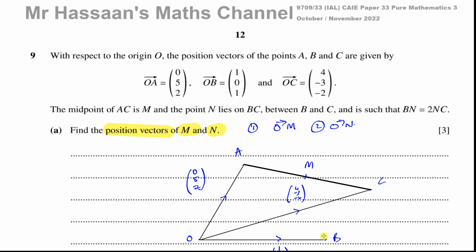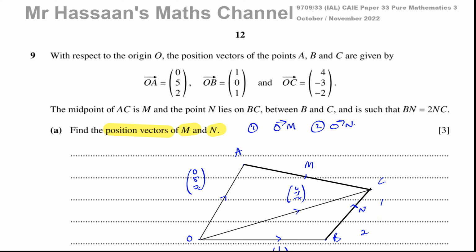So when I join B and C together, N is on this line such that the distance between B and N is twice the distance between N and C. This length is longer than that length: this is 2 parts, this is 1 part. So from this information, we want to find the position vectors of M and N.